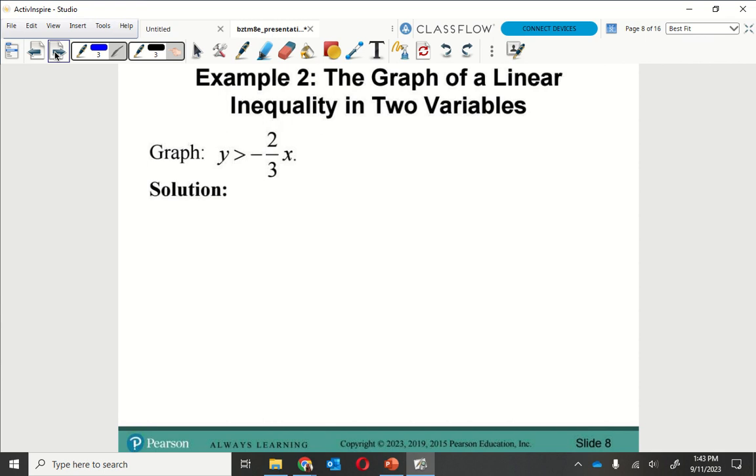Shift, X squared. Right, it's right there. You see it? It's in yellow. Look at X squared. Shift, X squared. Down.